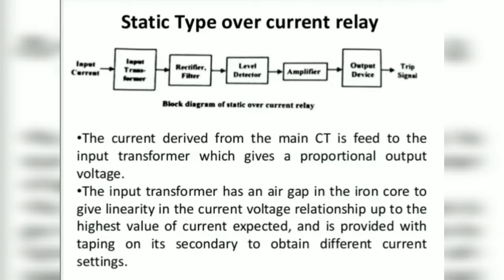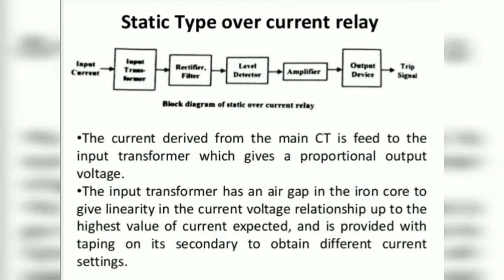The input transformer has an air gap in the iron core to give linearity in the current voltage relationship up to the highest value of current expected. It means whenever the desired highest value of current flows in the circuit, it will not trip. Whenever it exceeds the limit, it will trip.